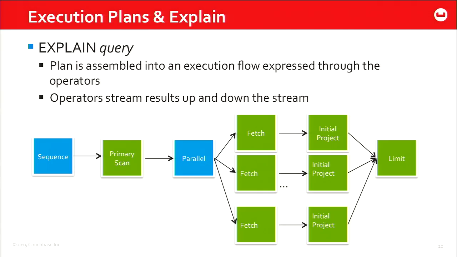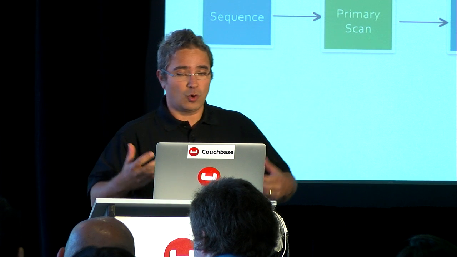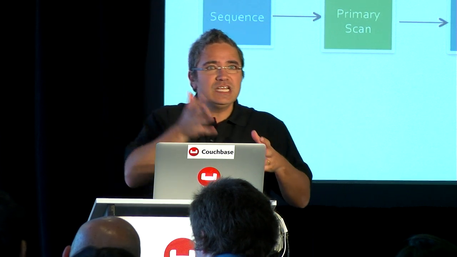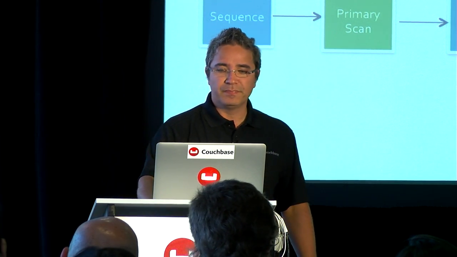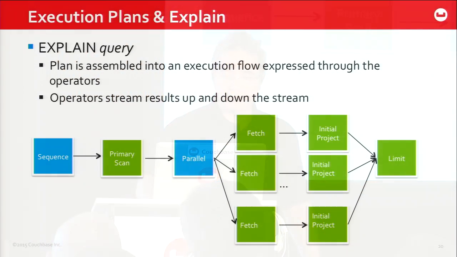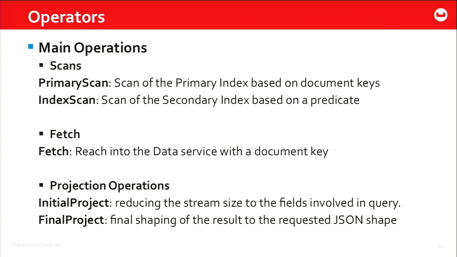So as I take things out of the primary scan, I can pass it on to the fetch, which is the next set of rows in green up here, right? And some of these things can be live, depending on how long the execution is, all at once. So imagine this not as a sequence of things happening one at a time, but as streaming a set of results to each other, and the query output can come out fairly quickly.